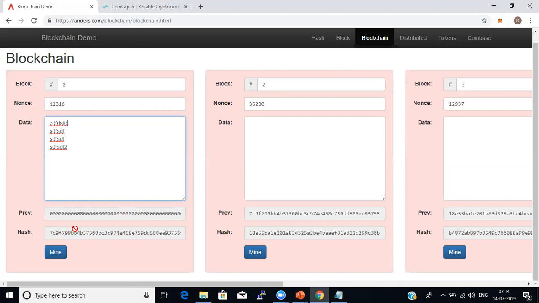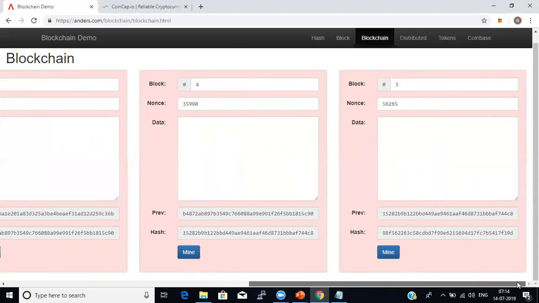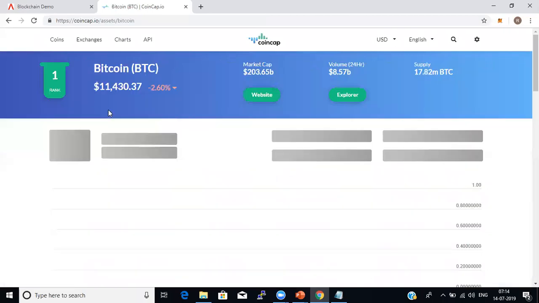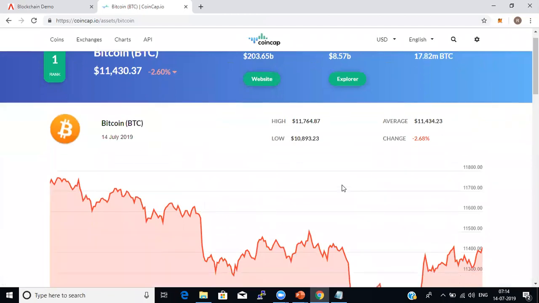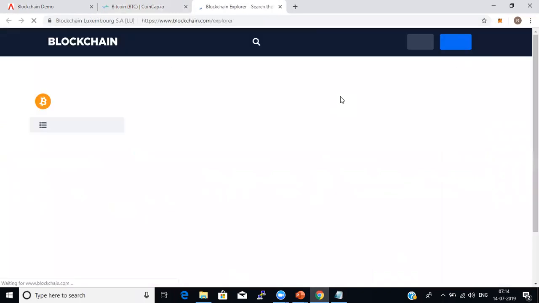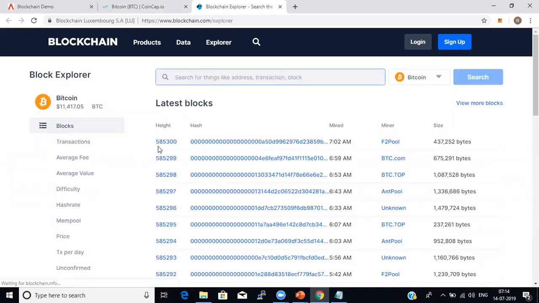This hash code will be linked with the next block so that the chain continuously grows. Currently the blocks in Bitcoin number more than 585K, and the blocks keep on growing.